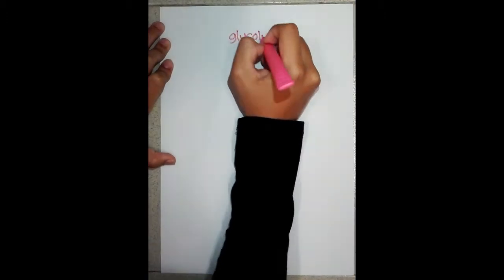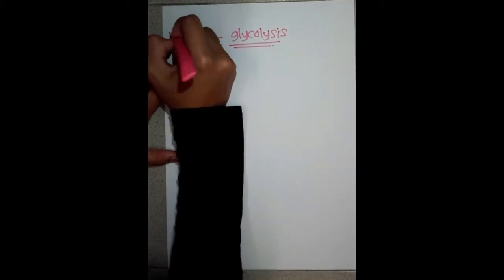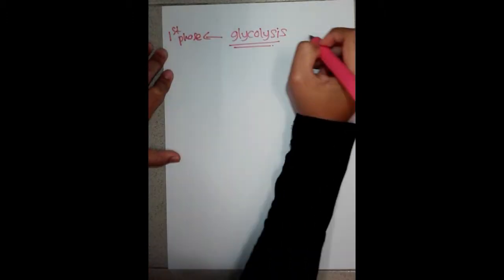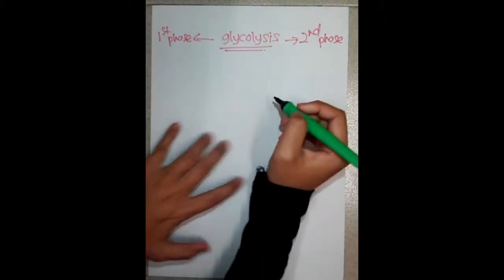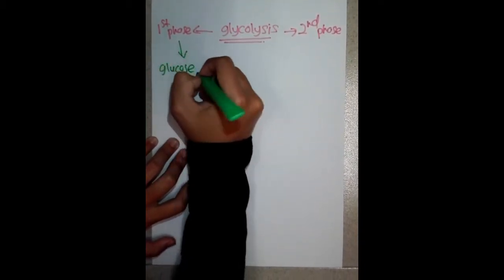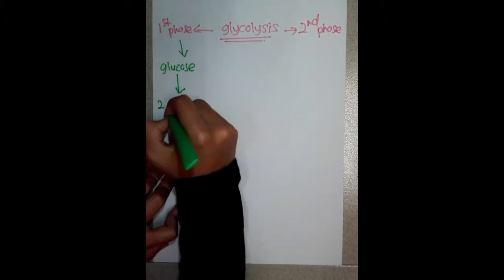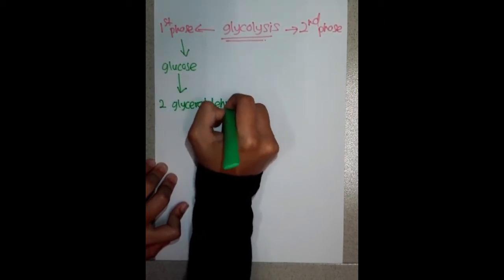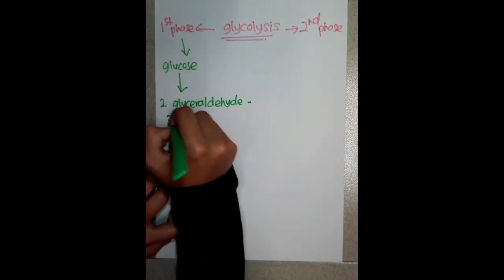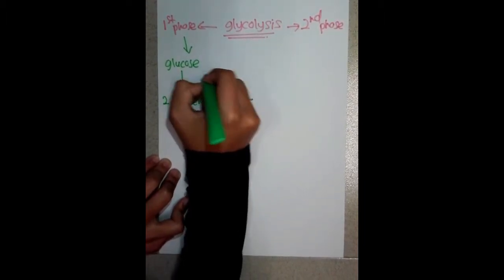The process of glycolysis takes place in two phases. In the first phase, the glucose is converted into 2 molecules of glyceraldehyde 3-phosphate. This conversion involves the addition of phosphate.